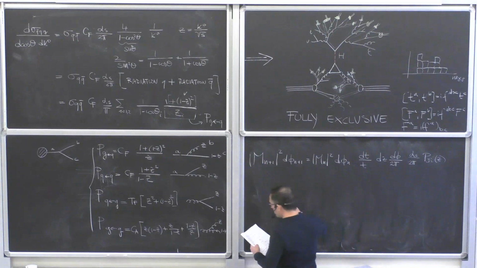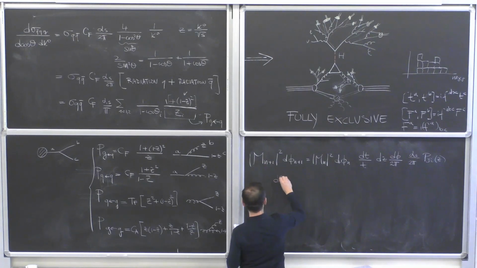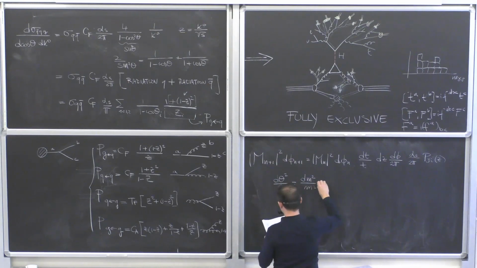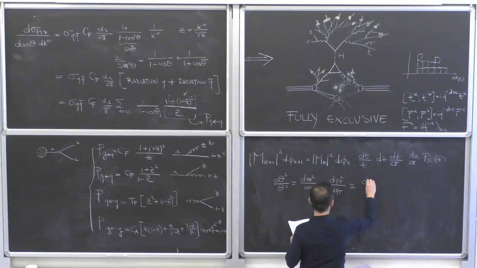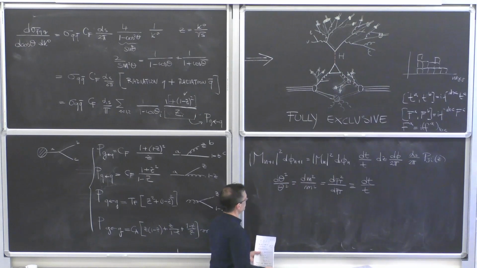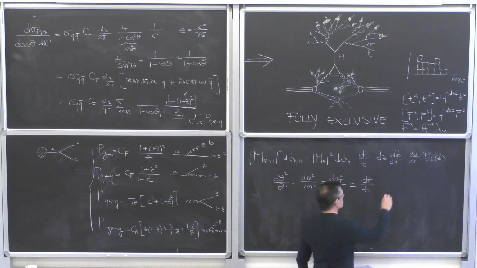So there is an ambiguity on how I choose t, and there are various ways of doing that. The most natural one is the mass squared of the mother, but it's not the only one. Okay, so this is called the shower evolution variable.